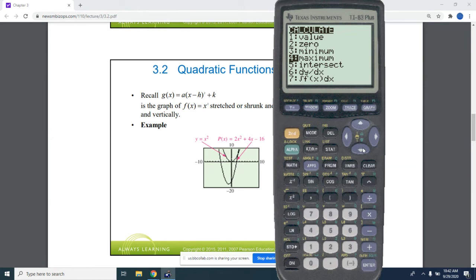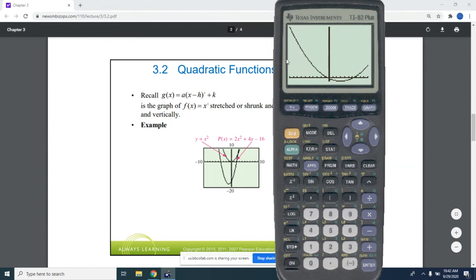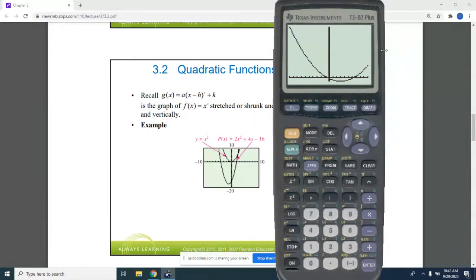I'm going to go back to graph for one second. We have a U-shaped graph, and the U-shaped graphs are graphs of minimums. So this would actually be the graph of a minimum.